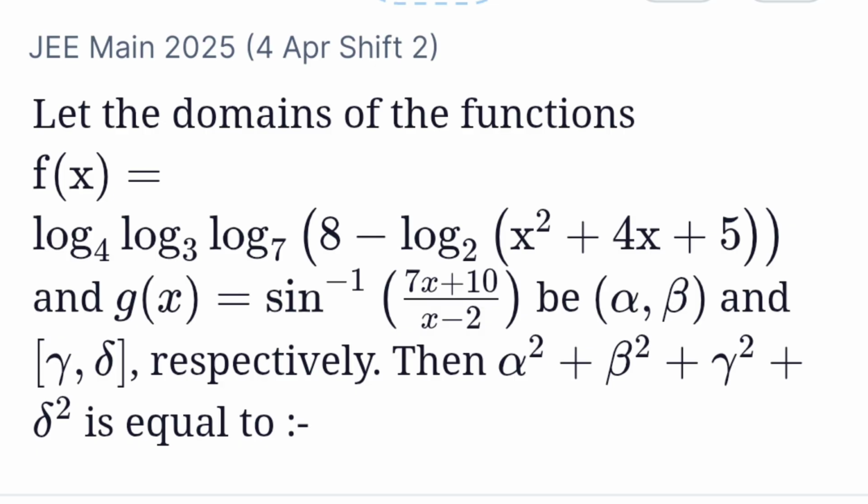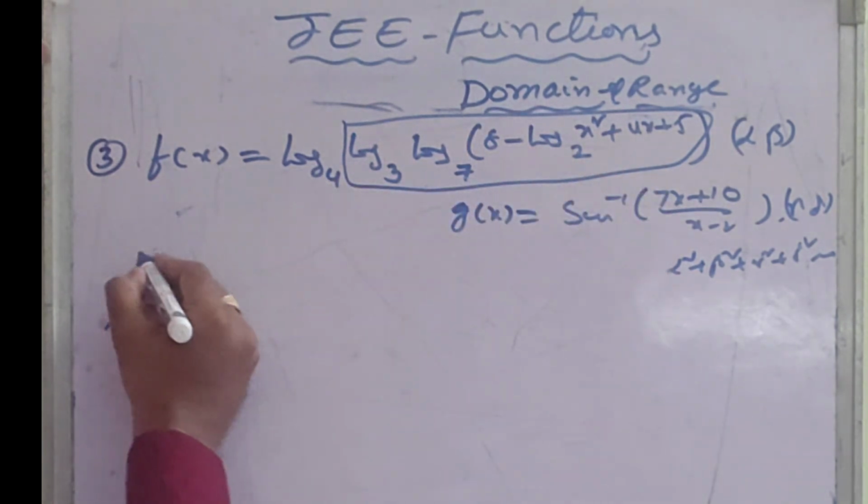Then alpha square plus beta square plus gamma square plus delta square is?